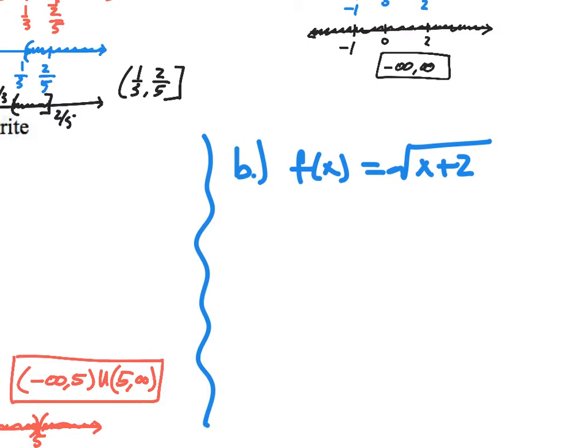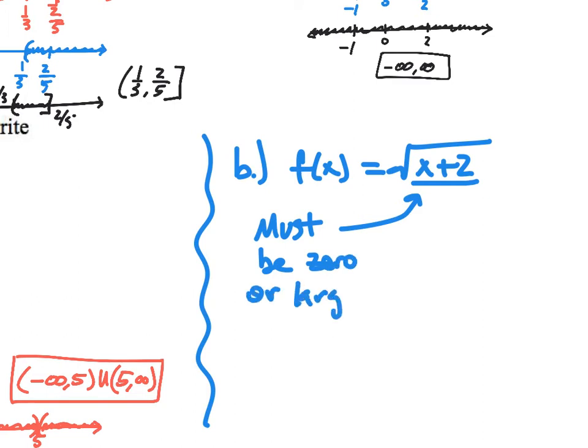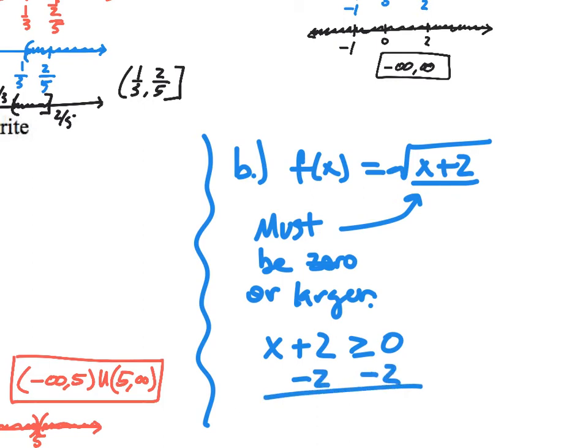Now what I know about square roots is that whatever's underneath the square root symbol must be 0 or larger. So whatever's underneath has to be greater than or equal to 0. So I would do x plus 2 is greater than or equal to 0. I would subtract 2 from both sides, and this would give me x is greater than or equal to negative 2.